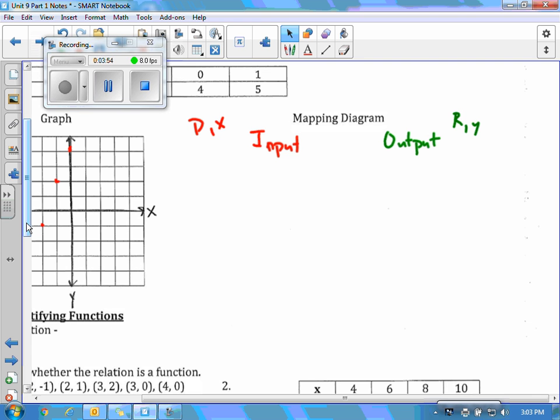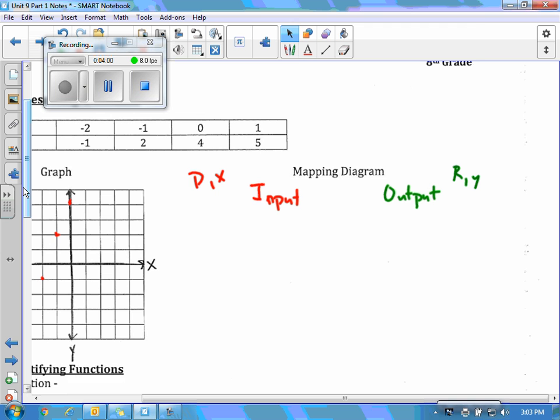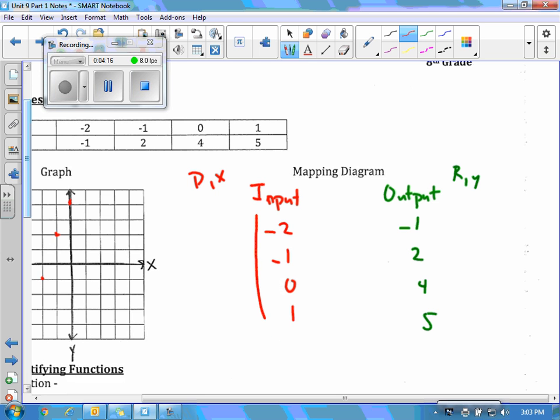So what we're going to do is we're going to put these numbers in order from least to greatest. Now for us in the table, they've already done that for us. So for the x values, it goes -2, -1, 0, and 1. For the y values, it goes -1, 2, 4, and 5. So if they weren't already in order, you would need to put them in order from least to greatest. Then we're going to put a circle around, or not a circle, I guess, an oval shape around each of these.